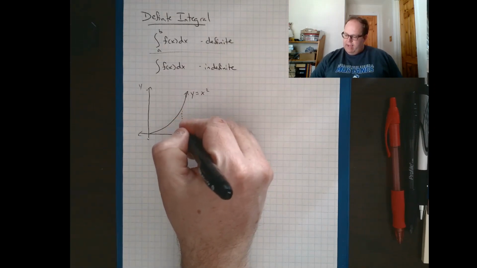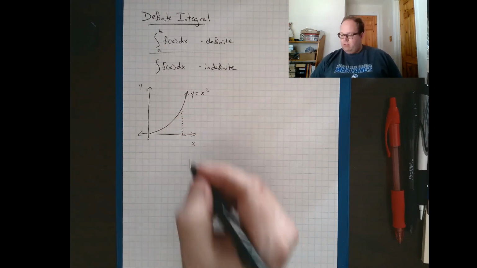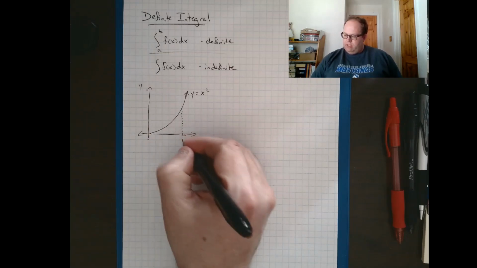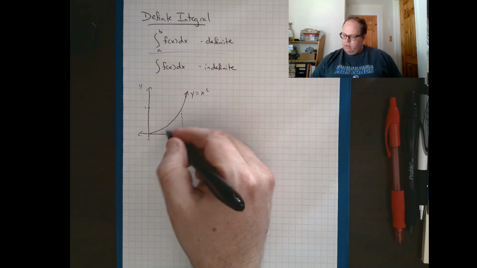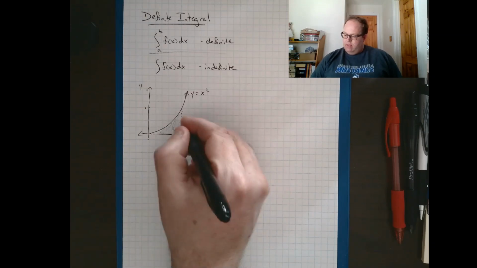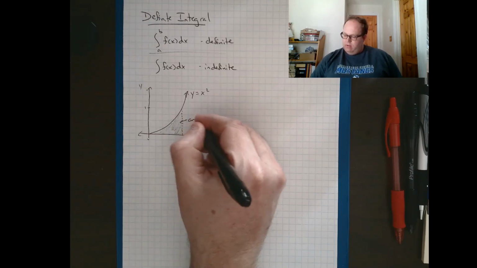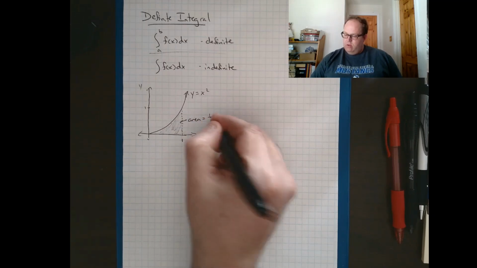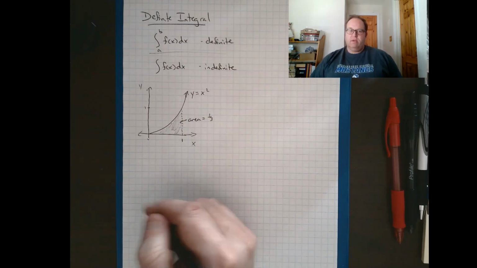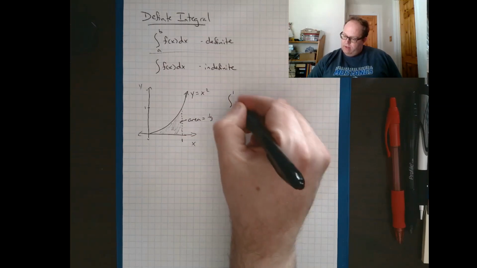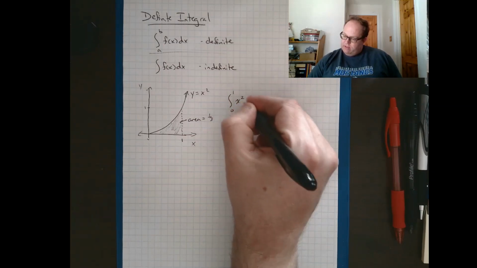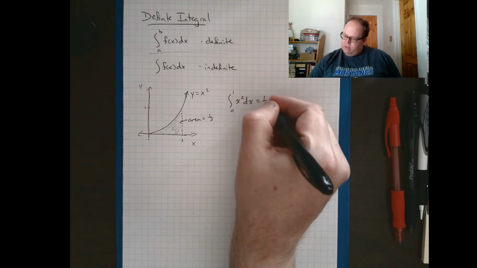First we worked out the very specific result between 0 and 1. That area, as you might recall, worked out to 1/3 square units. In our language of integrals, we would say that from 0 to 1, x squared dx worked out to be 1/3.